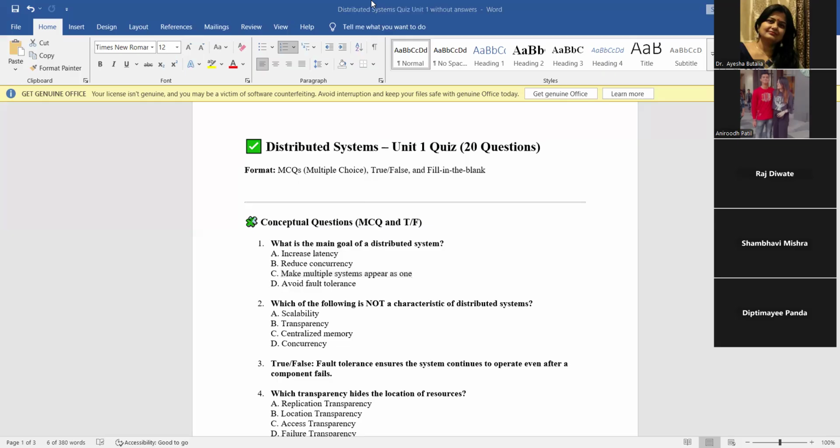Please, if you are putting it in the chat box, please put the question number and the answer, because so many people are typing, it becomes confusing at what instance you have put it, because I'm also looking at the screen while talking to you. So it becomes difficult to relate to the chat box.